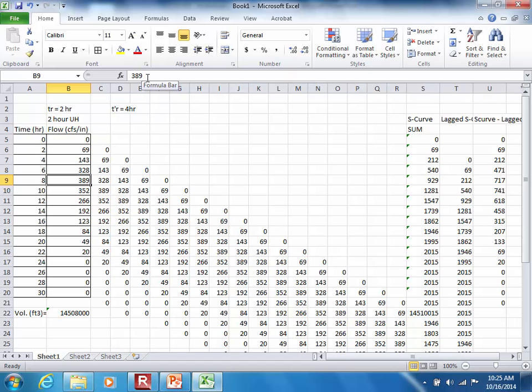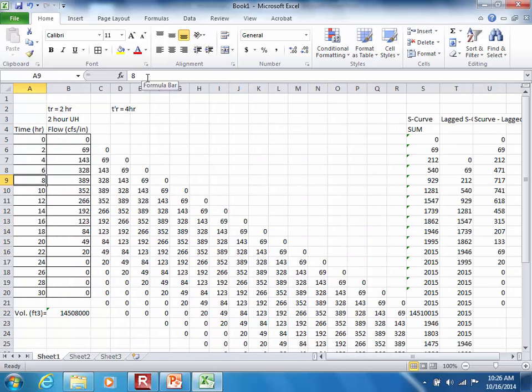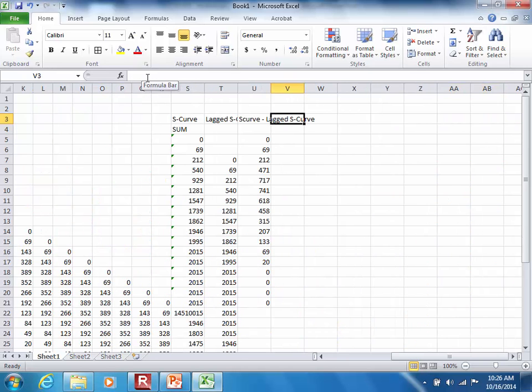So something's not right. That's why we've got to do this final step. Here we have an inch of rain in 2 hours, which should have a higher peak runoff than an inch of rain in 4 hours.